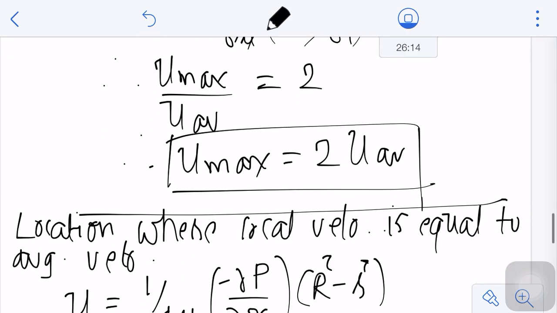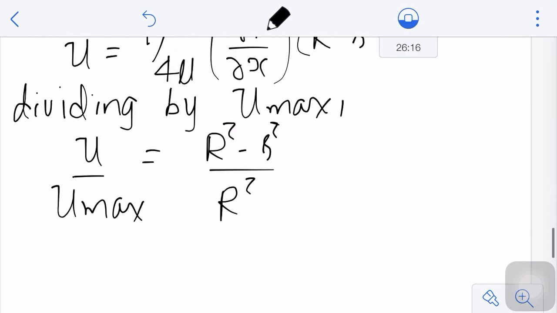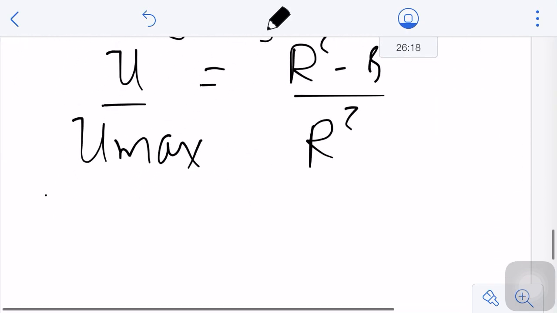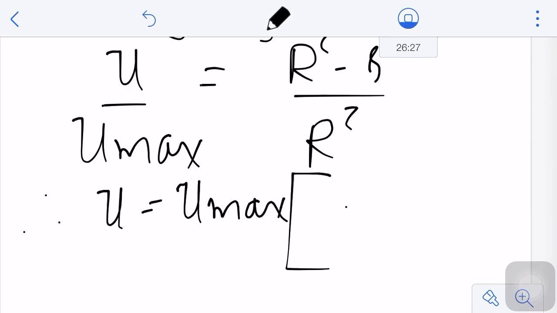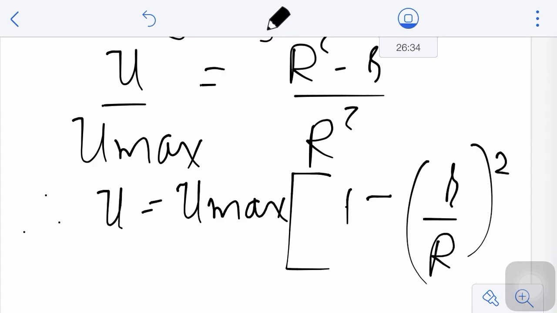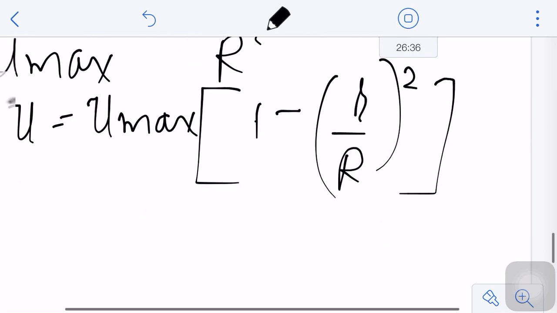So this term will get cancelled, and the final term would look like this. In other words, u will be equal to u max into bracket 1 minus small r upon capital R whole square, right?